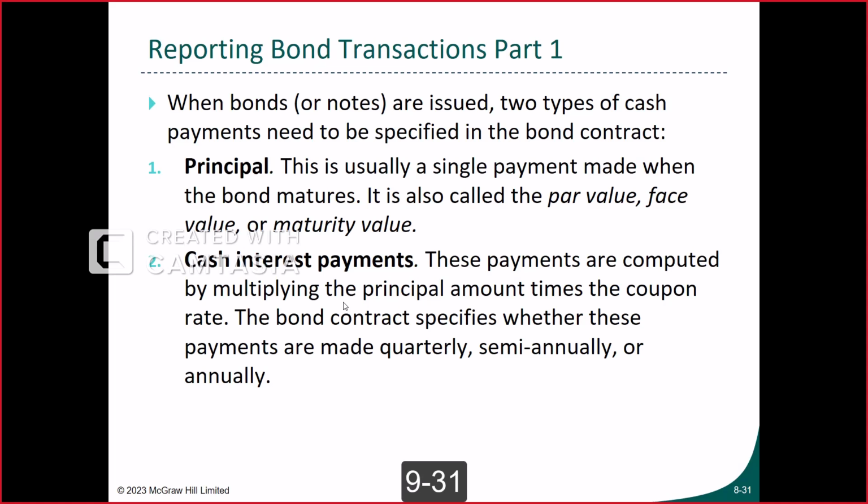At the maturity day, after 5 years, 10 years, 20 years, the principal amount is the amount that is going to be paid back to the bondholders. And we are going to see why the amount which is collected during the issuance date could be different from the principal amount.